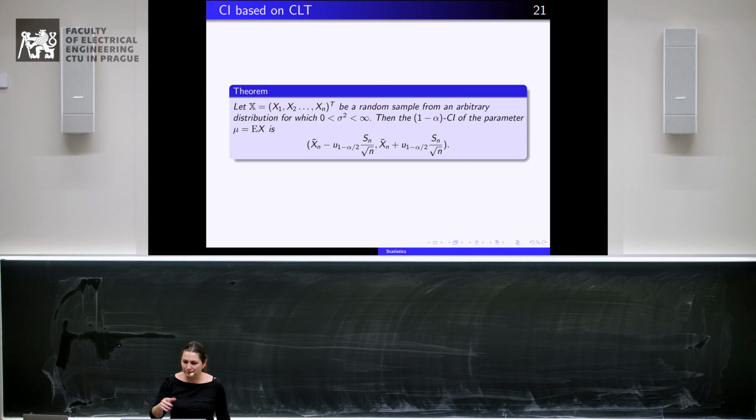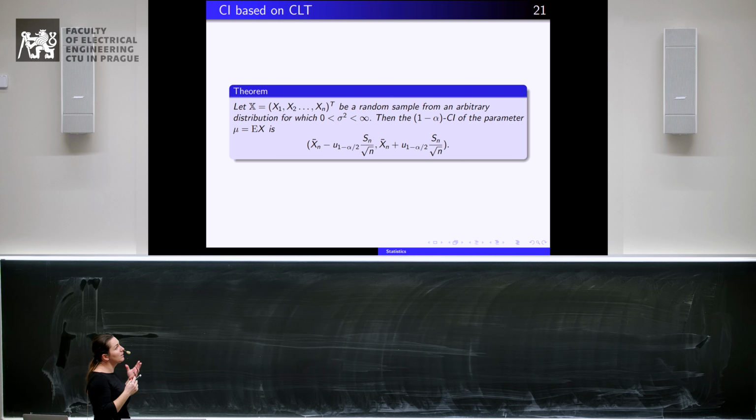These intervals, we'll solve them later, and I will show you one quite universal, quite general approach how to construct the confidence interval for the expected value. Why? Because the expected value is very often connected to the parameter whose confidence interval we are looking for.